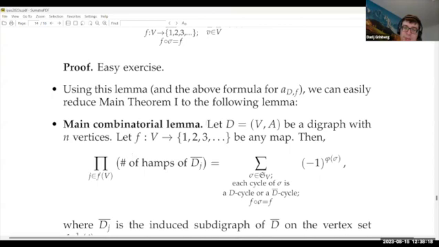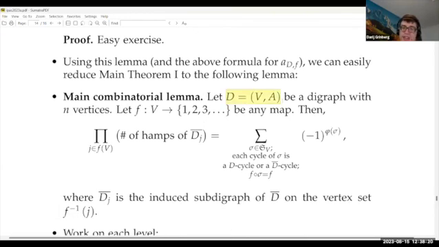Now, using this lemma, it is not too hard to boil down the first main theorem to the following lemma. So you have a digraph and a coloring. Okay, let's not call it coloring. Let's call it a level assignment. So this assigns a level to each vertex. Then ADF, so this is basically the number of Hamiltonian pairs of each level set multiplied over the level sets, equals this alternating sum.